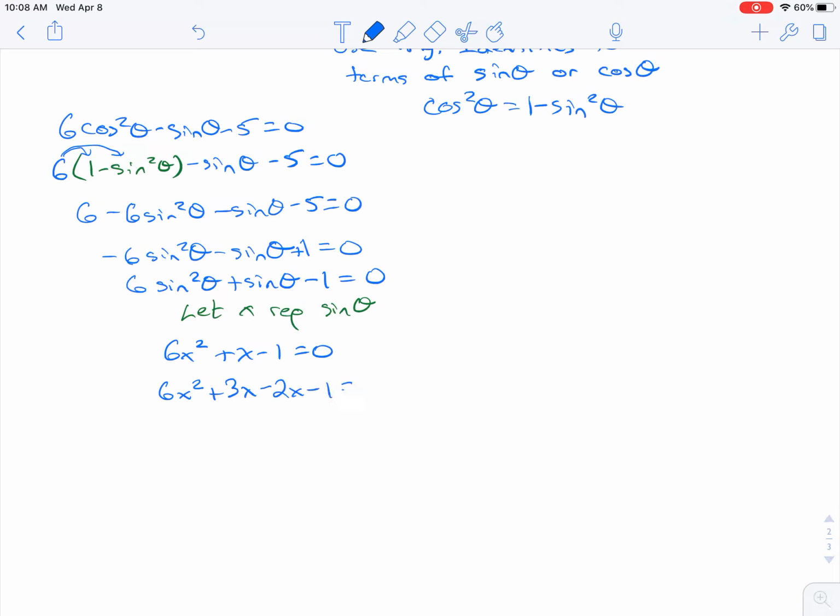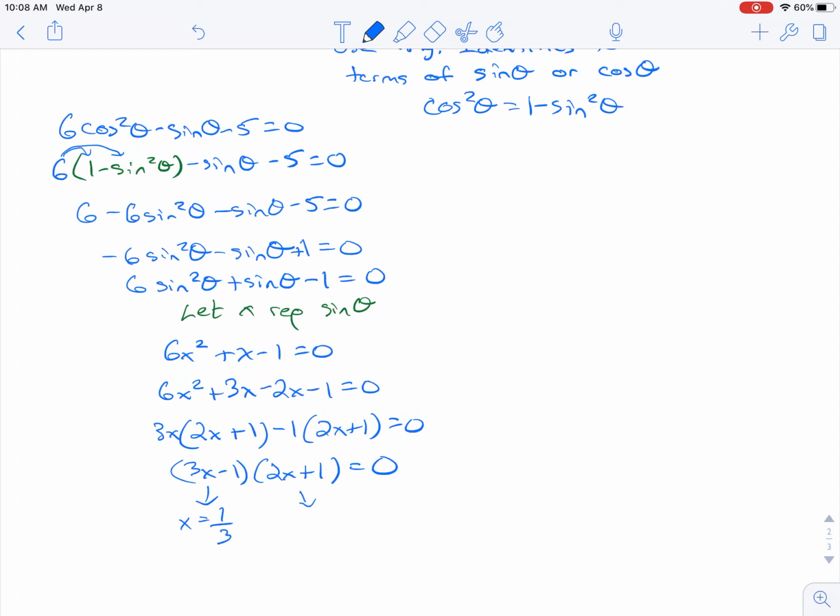So I've got 6x squared plus 3x minus 2x minus 1. So I can take a common factor of 3x, so that leaves 2x plus 1. And then a minus 1, so that leaves 2x plus 1 as well. And so this, I'm going to do in one step, so that's x equals 1/3, and this one's going to be x equals negative 1/2, like that.